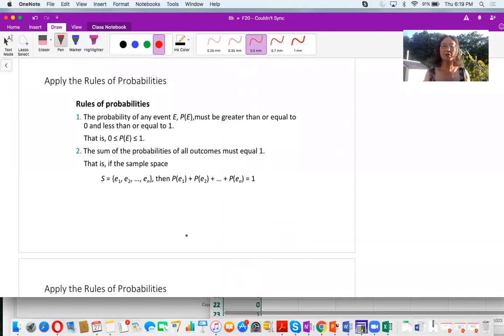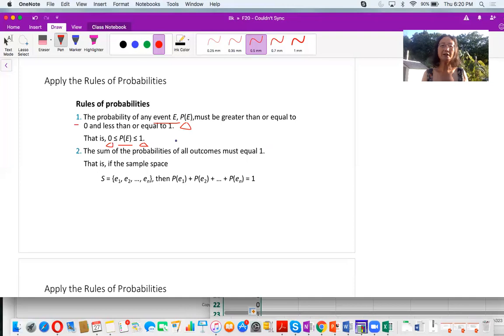The general rules for probability are 2. The first one, any probability must be between 0 and 1. Remember what capital E is? E represents an event. P(E) represents the probability of event E. Any probability must be between 0 and 1.